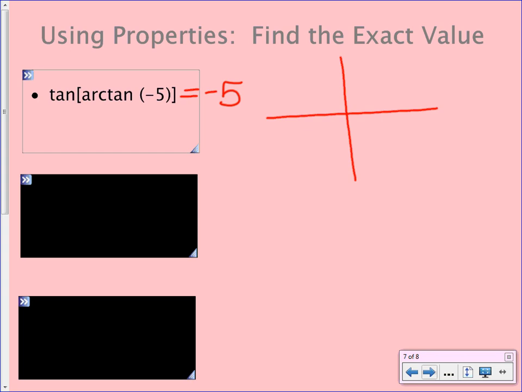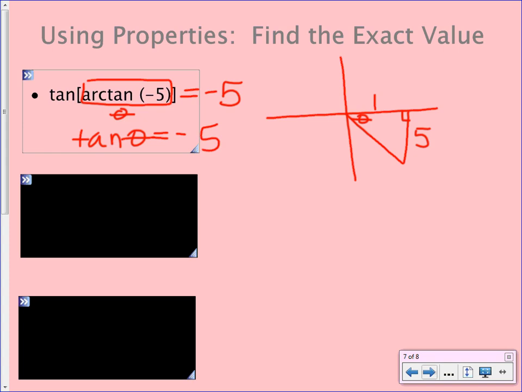It's either first or fourth for arctangent, correct? Since it's -5, it has to be in the fourth quadrant. Our tangent ratio is 5/1. This is describing an angle, and we want the tangent at that angle. Our tangent is 5/1, and it's in the fourth quadrant, so it's -5/1.